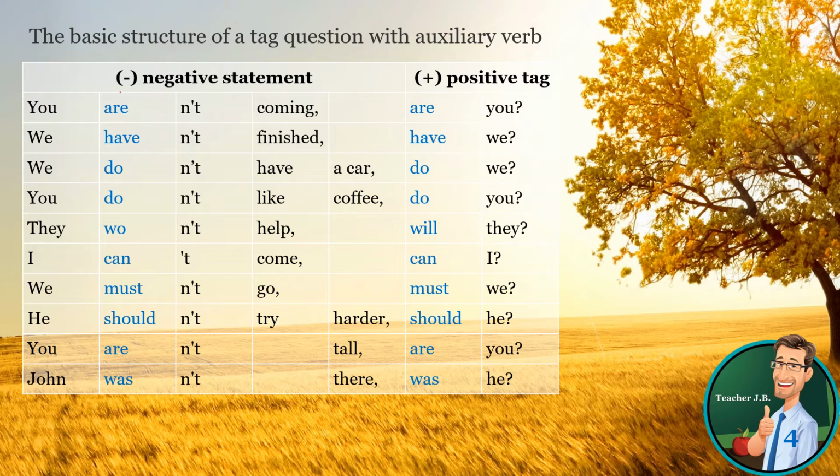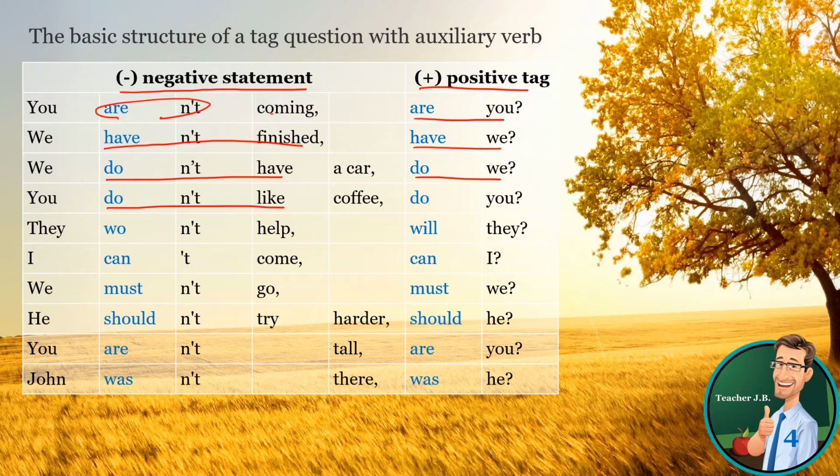Here we have a negative statement and then a positive tag. You aren't coming, are you? We haven't finished, have we? We don't have a car, do we? You don't like coffee, do you?